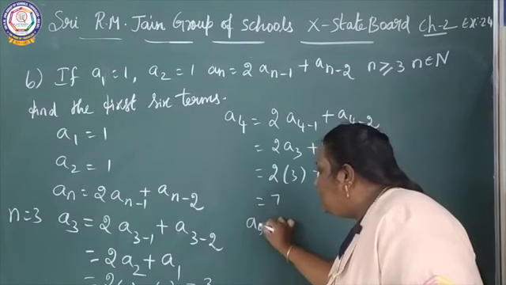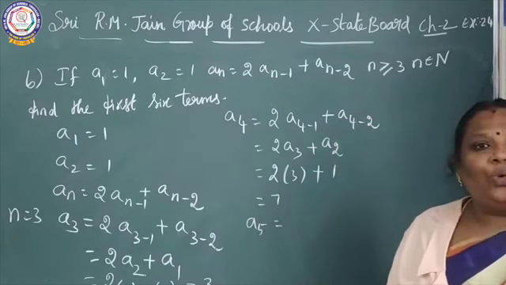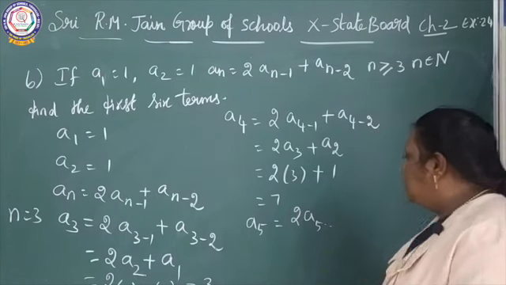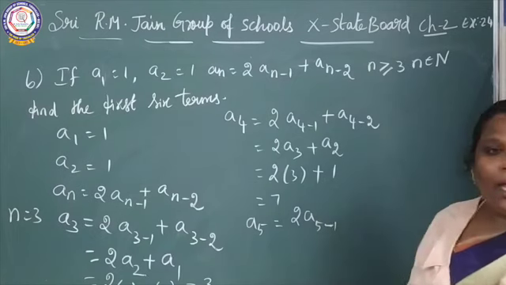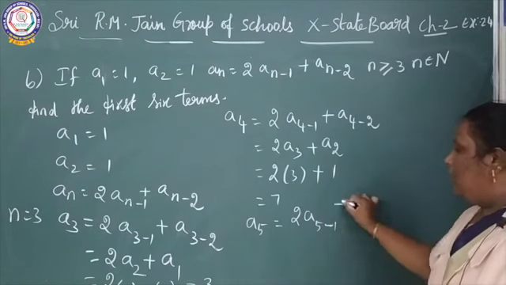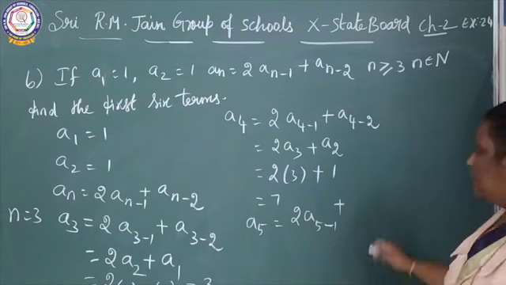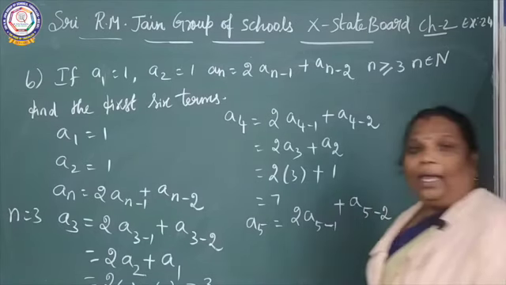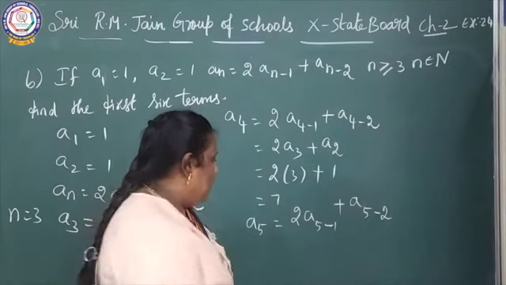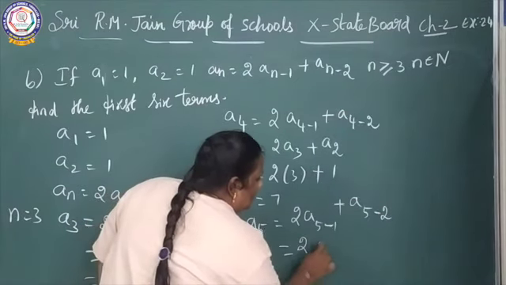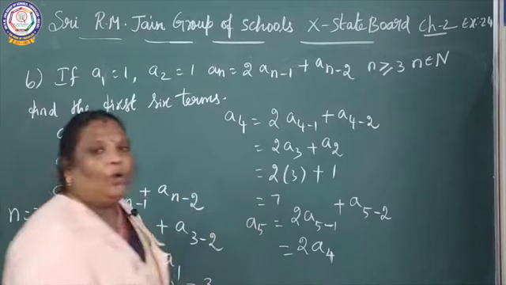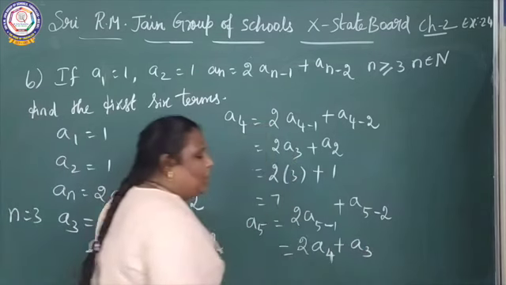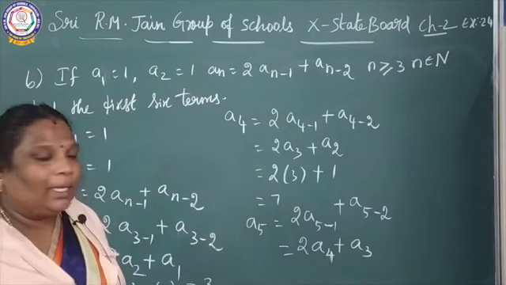Next A5. 2A5 minus 1 plus A5 minus 2 gives 2A4 plus A3.